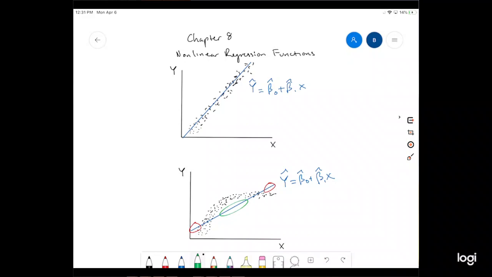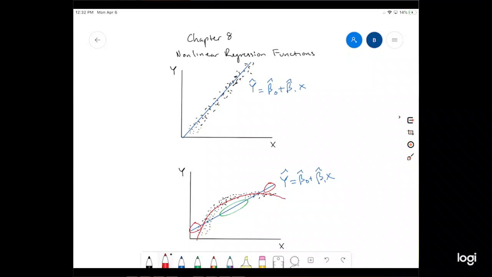So how do we adjust our regression to capture the curvature here? Well, we're going to use nonlinear regression functions. So maybe we estimate a line that looks something more like, let's use blue or red. So maybe if we had a quadratic term in this model, maybe our regression line would do something like this.